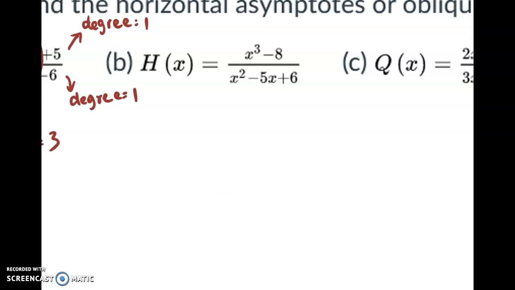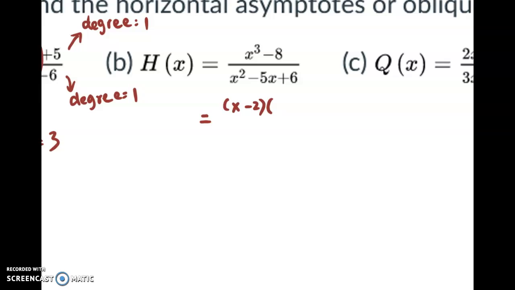First of all, let's check if function h is in lowest terms. Since the top and the bottom are not fully factored, let's factor the top, x minus 3, x cubed minus 8, which is x minus 2. This happened to be a difference of cubes, so we'll use the formula.